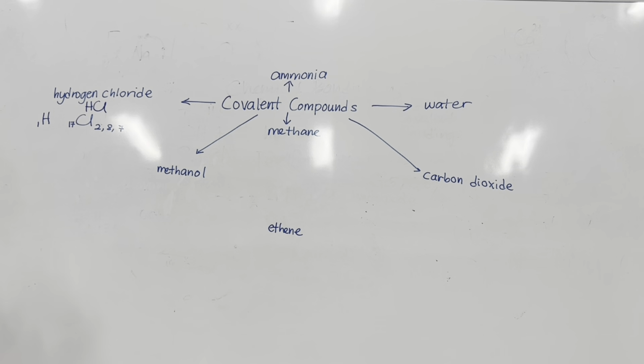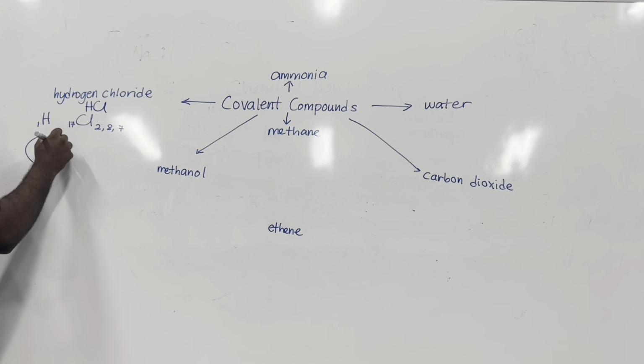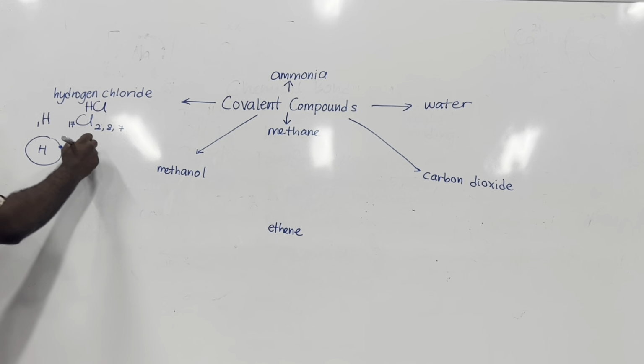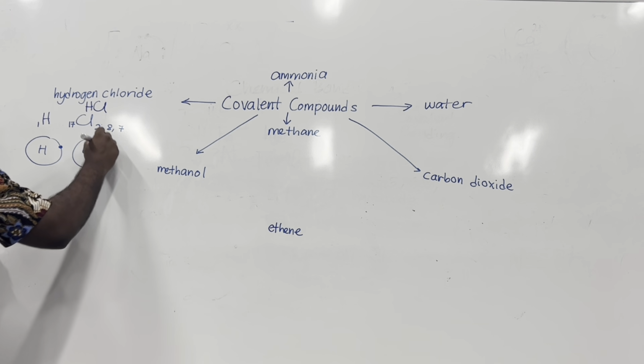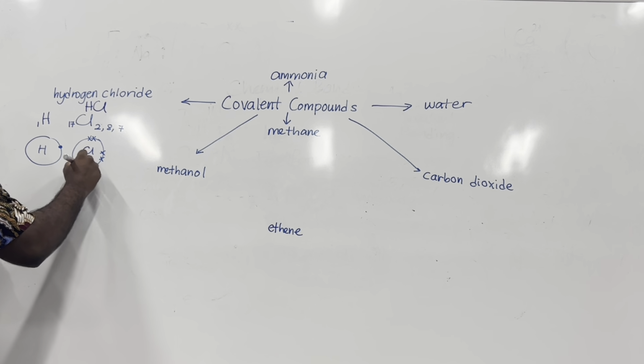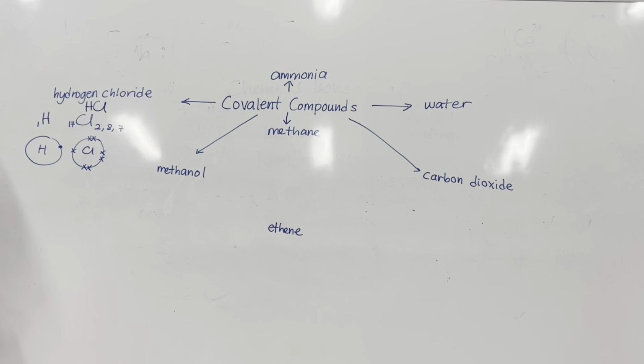Now, if I want to draw, hydrogen has 1 valence electron. Cl has 7 valence electrons: 1, 2, 3, 4, 5, 6, 7. In order to be complete, hydrogen needs to achieve what structure?